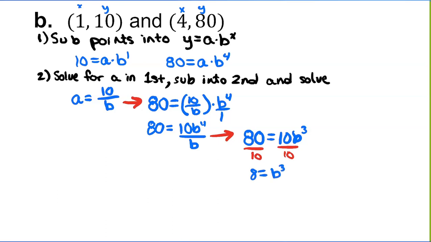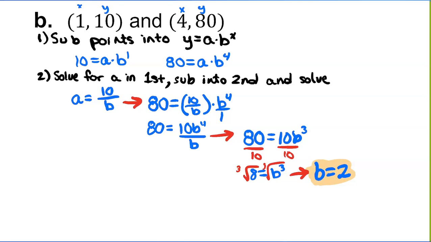Here we have to take a third root, not the square root. So we should get b equals 2. We're not worried about plus or minus here, so it's easy anyway. The cube root of 8 is 2. Yay, we found b. Now we just have to find a and put it all in.